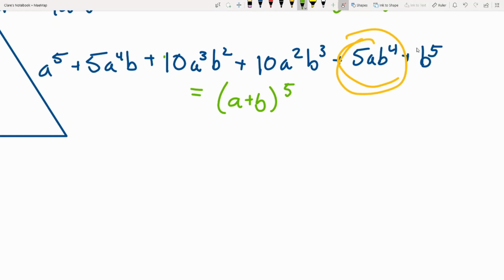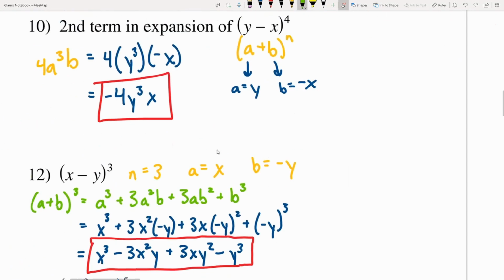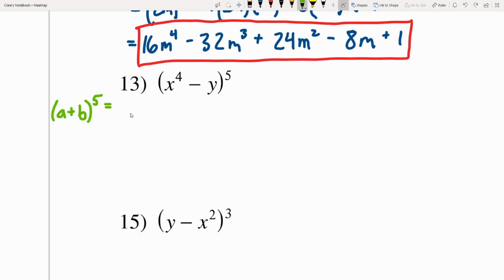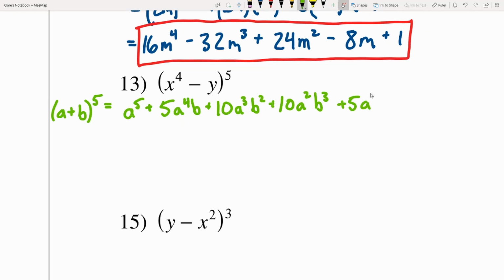So I'll just copy this down. So that's going to be a to the 5th plus 5a to the 4th b plus 10a cubed b squared plus 10a squared b cubed plus 5ab to the 4th plus b to the 5th.